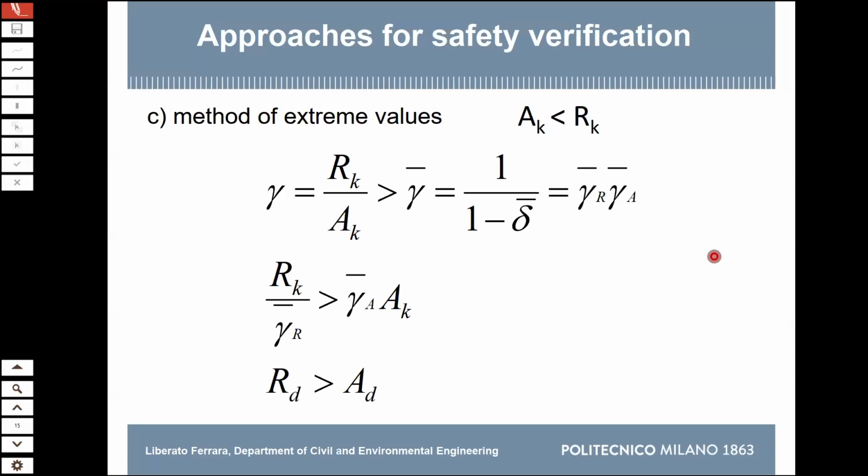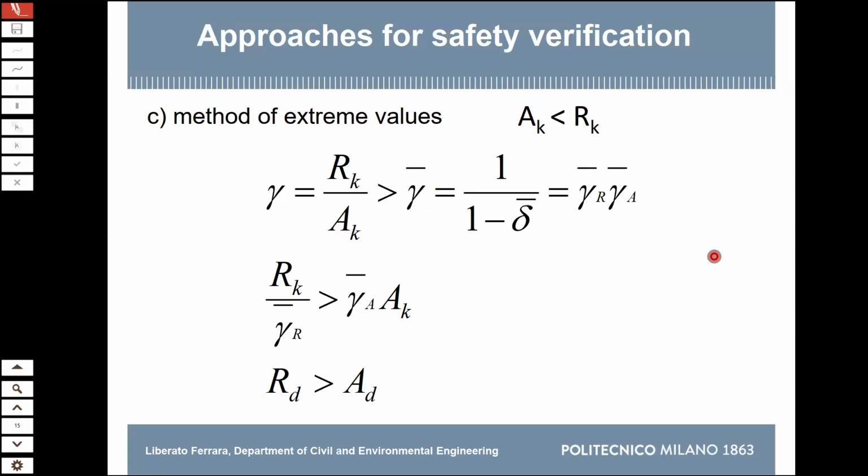And so we require that the safety factor, which is the ratio between the two characteristic values, must be higher than a fixed threshold number. This threshold number we split into a resistance contribution and an action contribution.